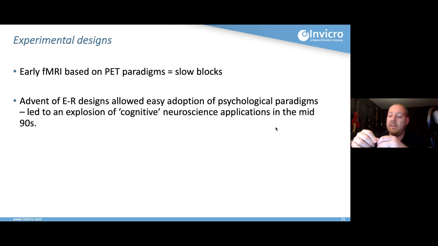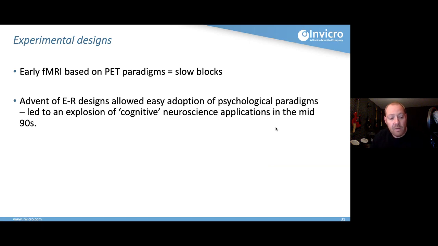And then in the mid to late 90s, people developed something called event-related designs. And that made a lot of people very excited because it meant you could have a proper randomization of different trials.